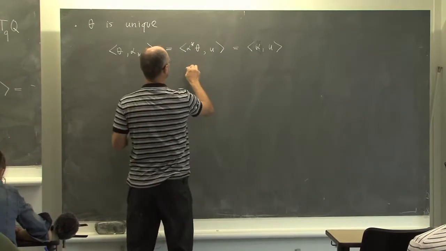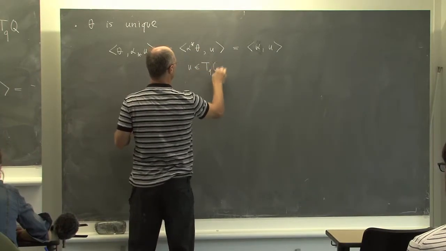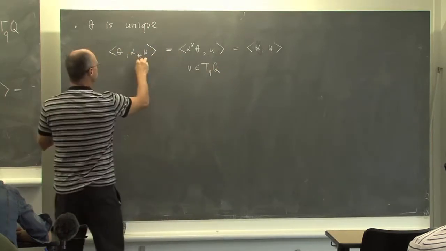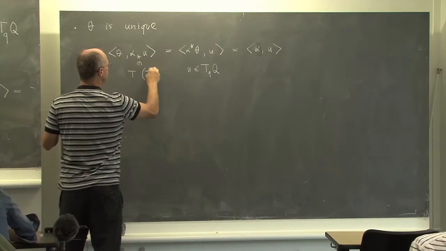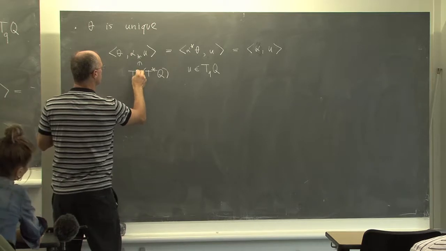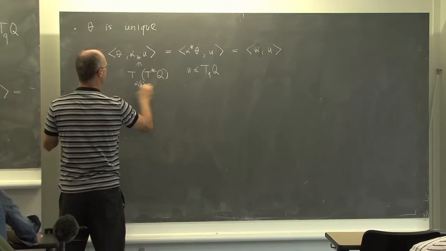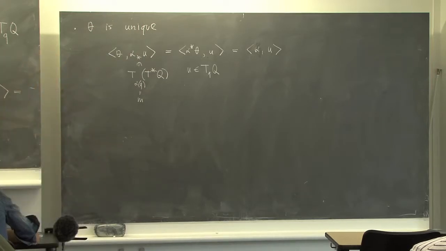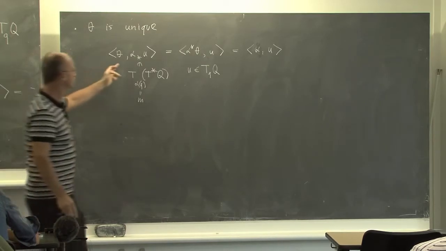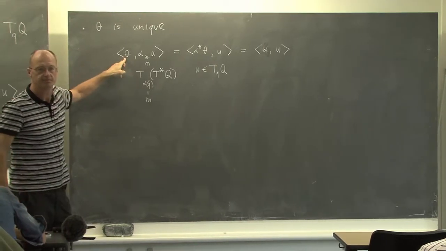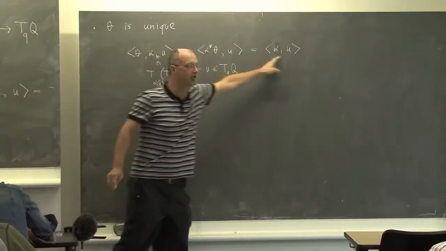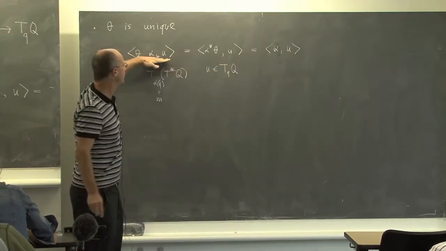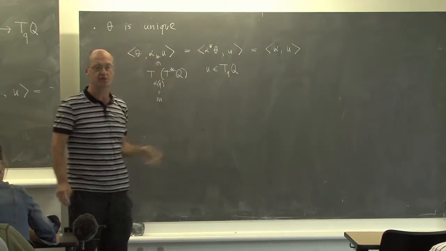So U was in some T_Q Q, and so this is a vector in T of T star Q at the point alpha of Q. So that was our axiom, right? Our axiom defines for us theta on all the vectors which are of this form, because the right-hand side is well defined. So whenever you get a vector of this form, theta is defined there.